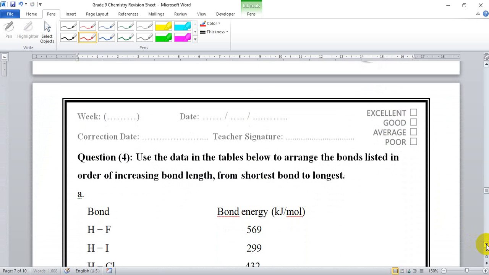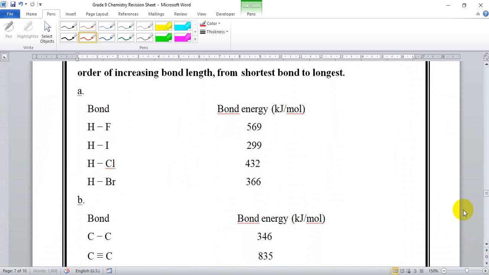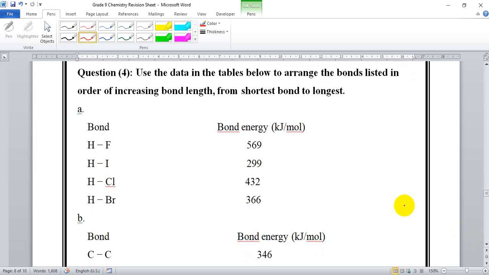Question number 4. Use the data in the table below to arrange the bonds listed in order of increasing bond length from the shortest bond to the longest bond.